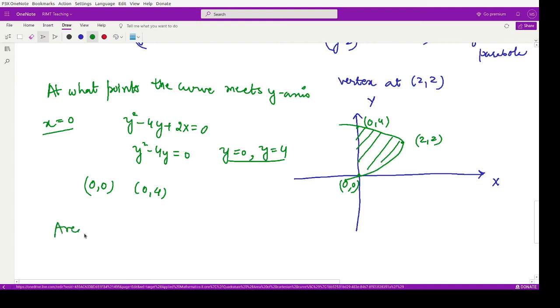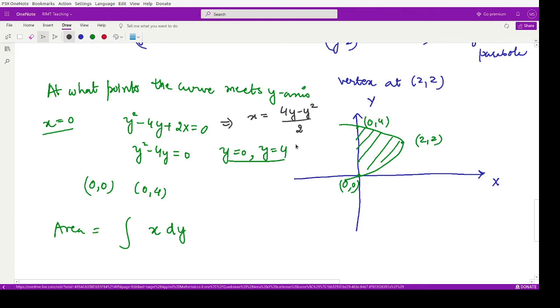To calculate this area, we would simply write the value of x into dy. So what is x given here from this equation? This was our equation. So the value of x is equal to 4y minus y square divided by 2.